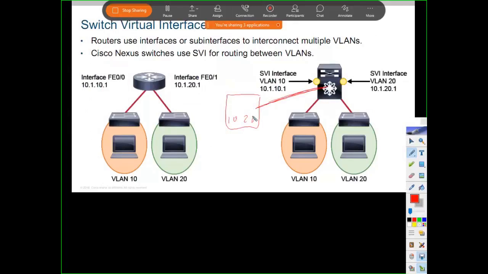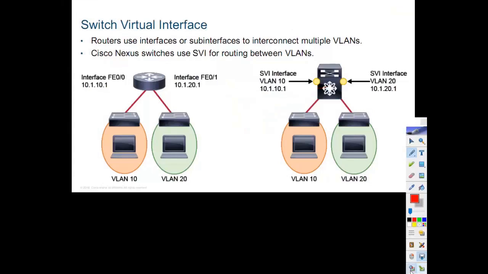Either static route or dynamic routing. But within a single switch between those two VLANs, you technically don't need to turn on a routing protocol. But you still have to create the SVIs among those switches, for sure.